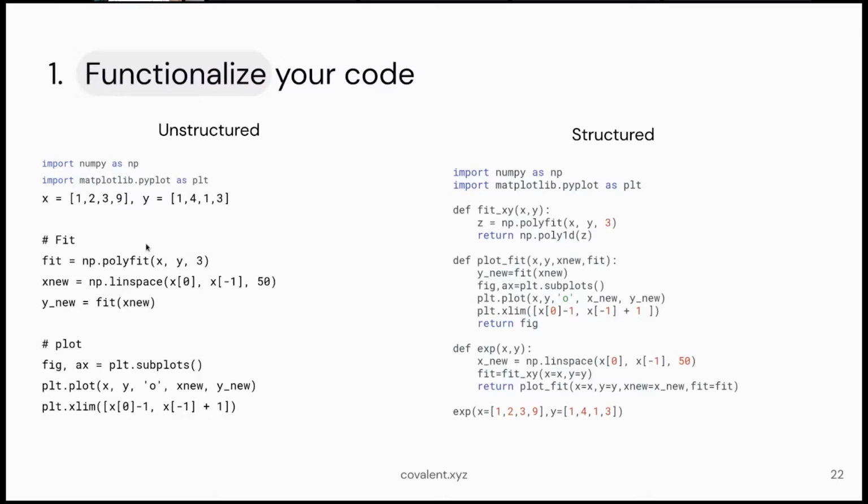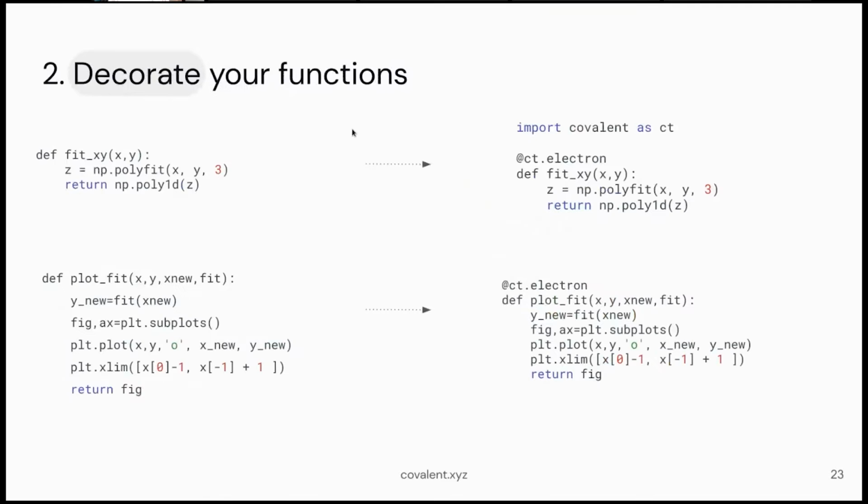So if you have a particular block of code and you say, well, this block of code is modifying just a particular portion of data that's not referenced elsewhere in the code, or if this block of code has particular resource requirements, like for instance, if it's using TensorFlow, maybe you want it to use GPUs, or you want it to interchangeably use GPUs and CPUs, that would be a good candidate for an isolated function. So again, this is really just general computer science stuff here. It's not really physics in particular. The next thing that we do is we add the decorators to the function, like I mentioned before.